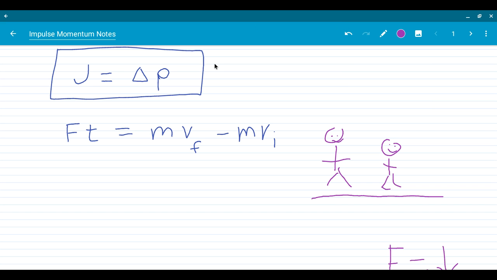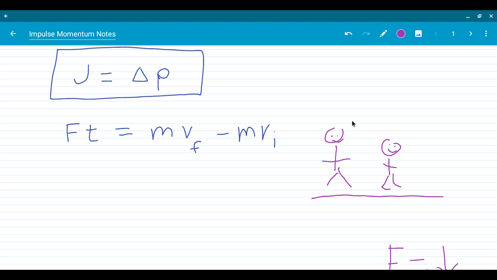All right. So let's say we have two people jump from a fairly high height and they land and hit the ground. Person A on this side hits the ground and doesn't bend their knees. Person B on this side hits the ground and does bend their knees upon impact.